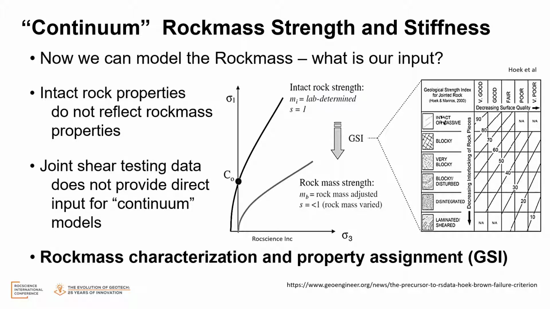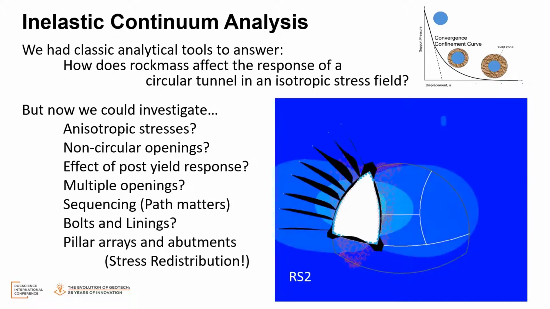And Dr. Evert Hoek, of course, was the primary author of the GSI system, which allowed us to characterize the rock in situ and convert that characterization into a factoring for rock mass strength and stiffness. Because we realized that intact properties did not reflect the rock mass properties in the field, and joint property data didn't really have any place in our continuum models. And so at the time, GSI was the only way to get rock mass properties into a model.